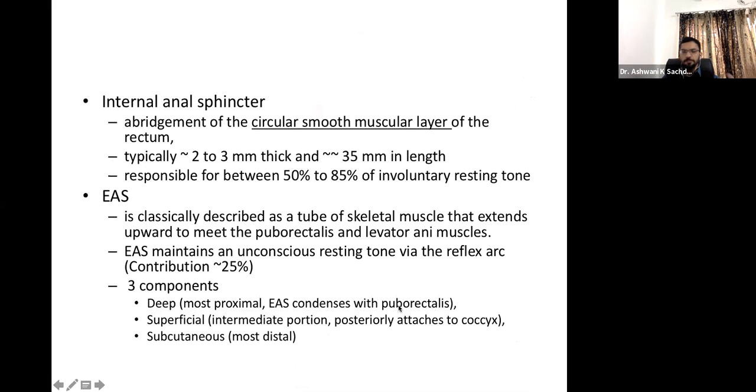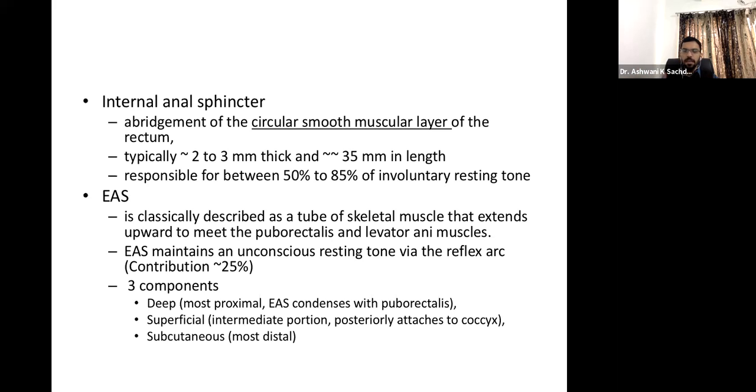The superficial component is the intermediate portion, and it is posteriorly attached to the coccyx bone. The subcutaneous part is the most distal. The external anal sphincter also contributes to the involuntary resting tone in about 25% of cases.